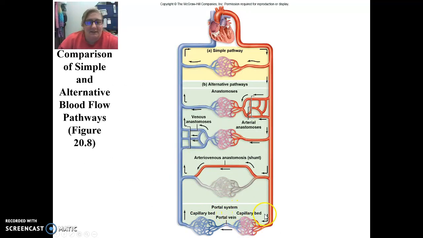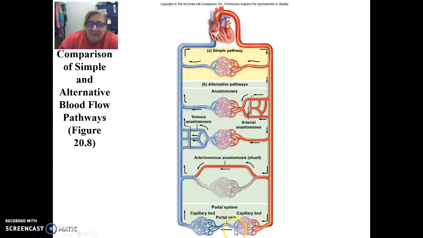This last one is kind of interesting. This is called a portal system. And a portal system takes blood from the arteries through a capillary bed where gas exchange occurs. So the tissues become oxygen rich, and the blood becomes carbon dioxide rich, so it's going to be oxygen poor.